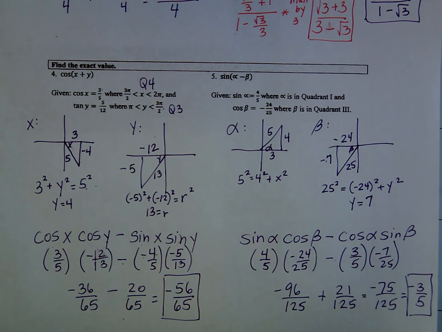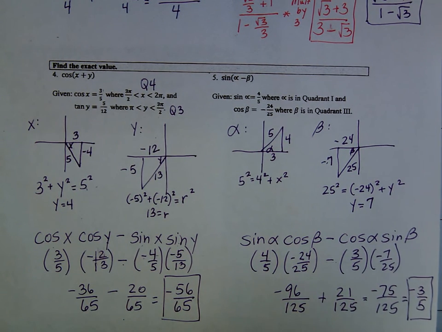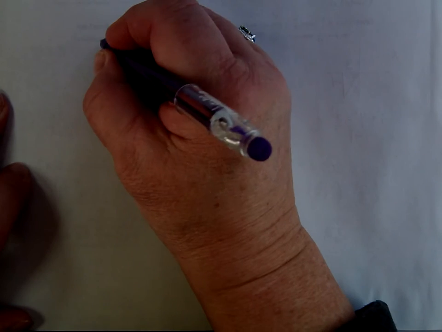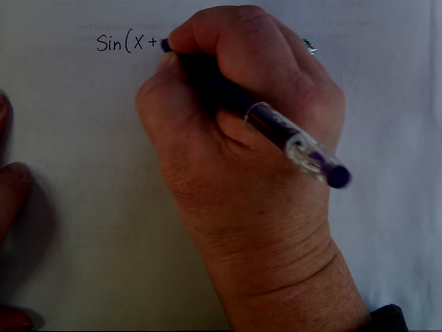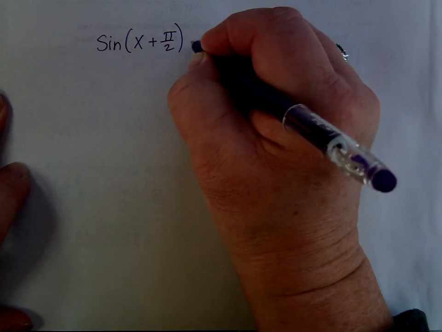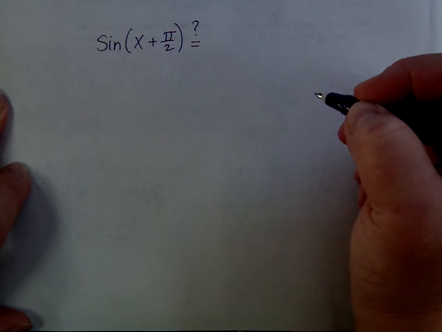All right, one more thing that I want to show you before I call it a day with this introduction, and that is a problem that looks like this. The one other thing that comes up in this section is that they're going to ask you to do a verifying thing. So let me give you an example of that as well. If I have sine of x plus pi over 2, the question is, does it really equal the cosine of x?